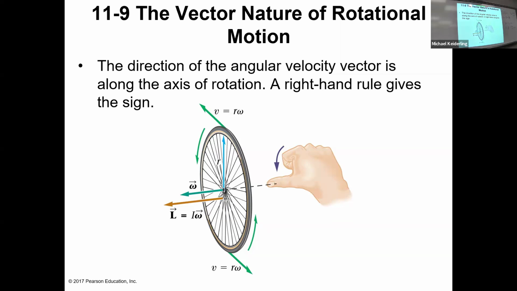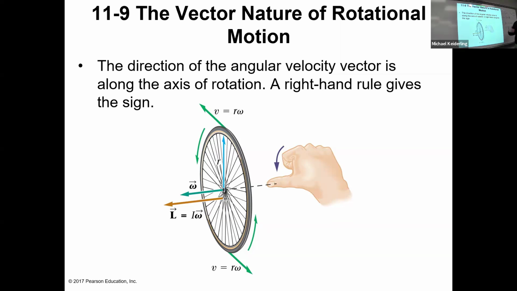So if I have this rotating this way, which is counterclockwise for you guys, my fingers curl in this direction. It's rotating along the axis of rotation in the direction my thumb points when I curl my fingers in the direction of rotation. So that rotation is towards you, out of the board.